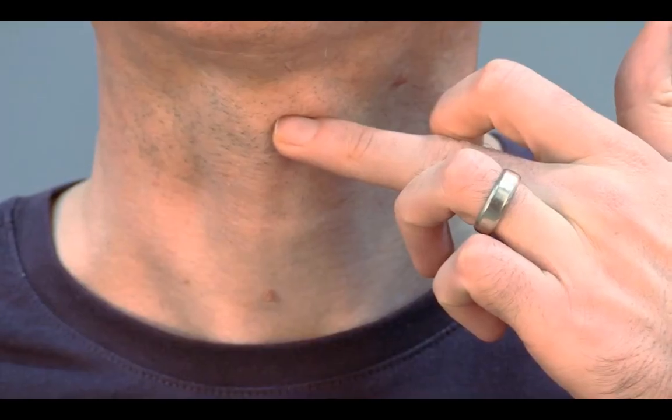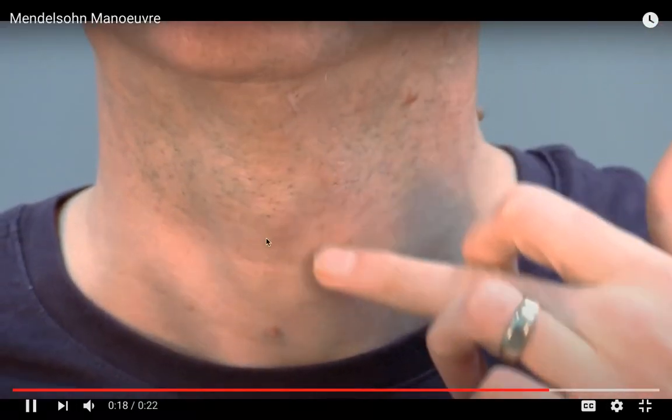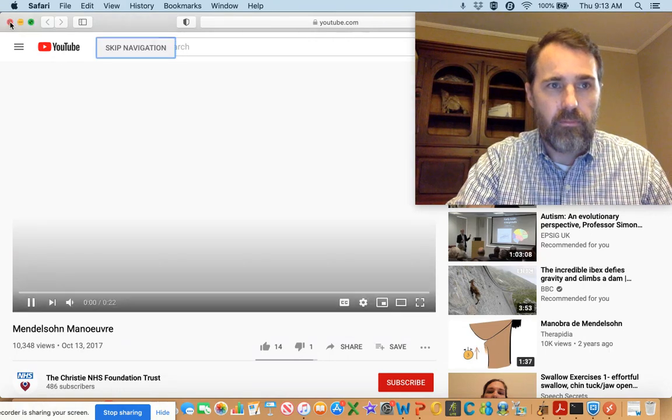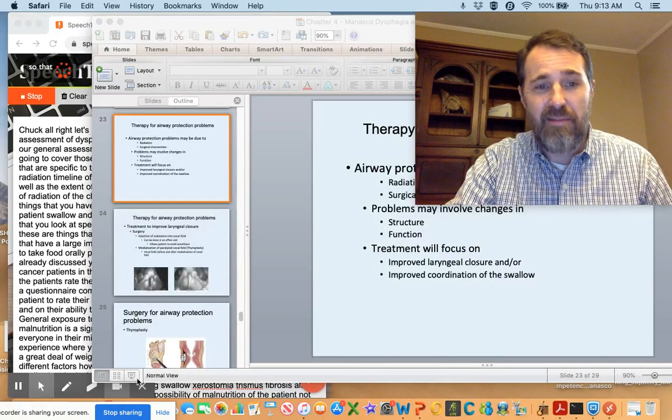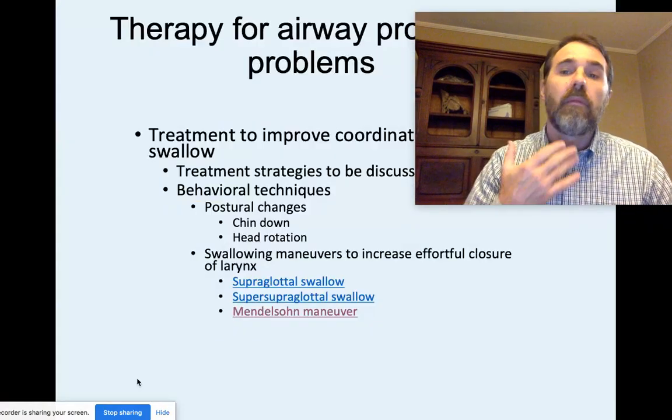Feel your voice box lift during the swallow. On the next swallow, keep it lifted with your neck muscles for several seconds. Relax and try to repeat this 5 times. So that's the Mendelsohn maneuver.